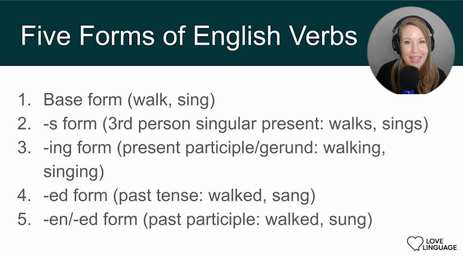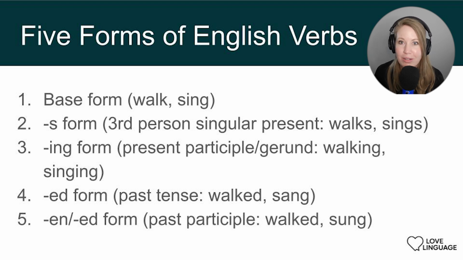This is the past tense form. So for regular verbs, it's made with ed, like walked. But for irregular verbs, it can change a lot, like sing becomes sang. And finally, the fifth form, the en or ed form, also called the past participle. For regular verbs, this looks the same as the past tense, okay?